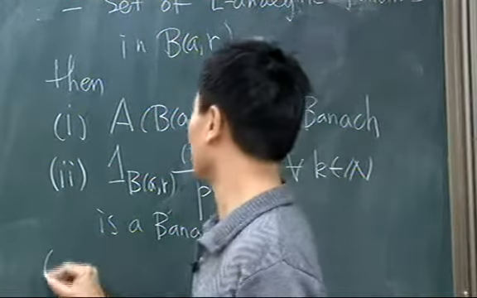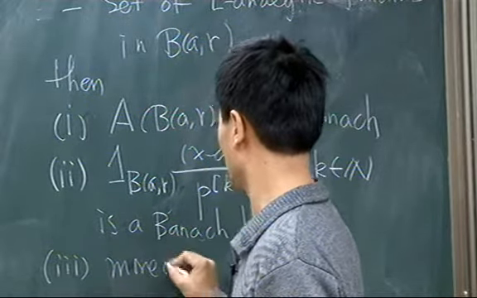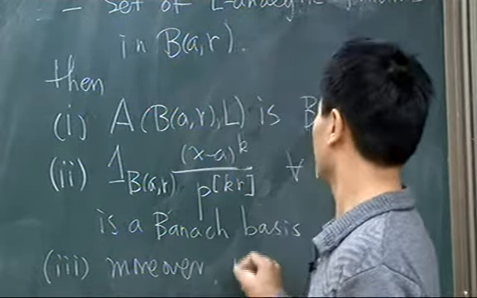Moreover, if r is contained in Z, this basis is also normal.